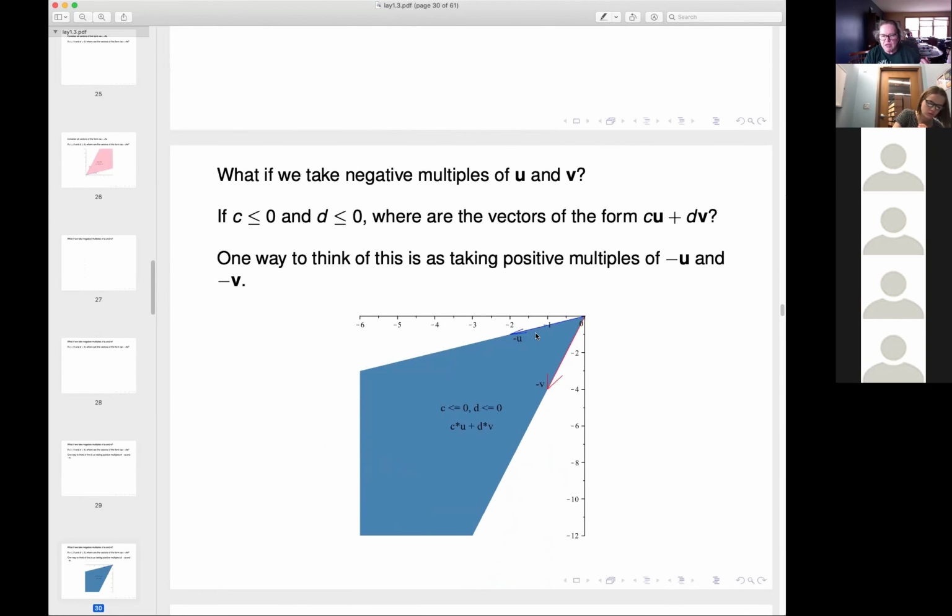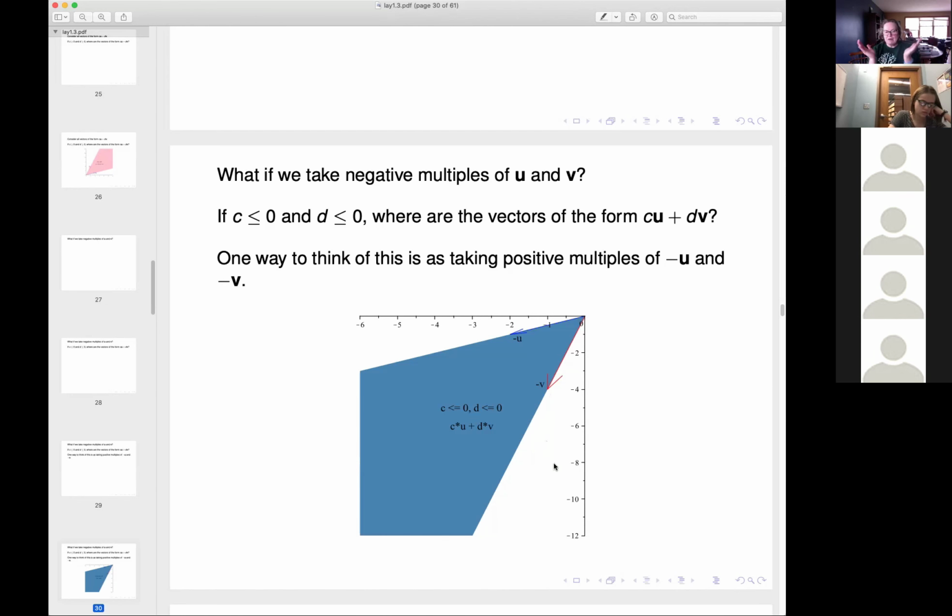If you look at what negative u would be, positive u went out like this, and negative u just negates the elements of u. So negative u comes back and looks like this guy right here, and negative v looks like this guy right here. Instead of 1, 4, it's -1, -4.